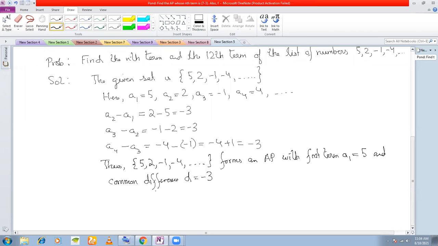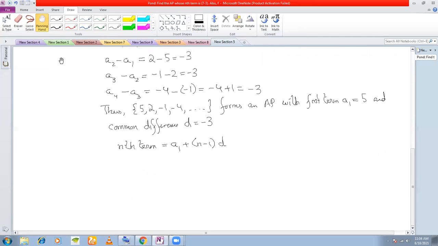Now, once we know the first term and the common difference, we can find out the nth term. So what is the nth term here? Use the formula: A1 plus n minus 1 into D. A1 is 5 plus n minus 1, D is minus 3.